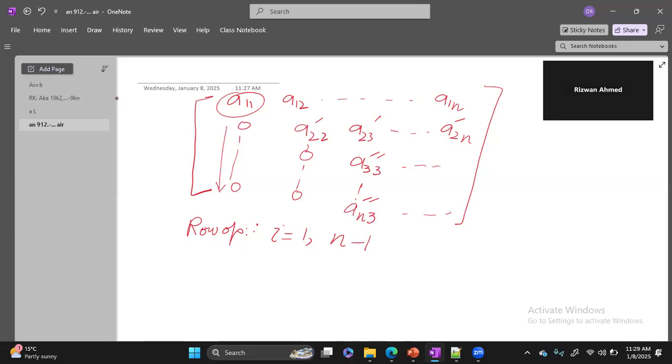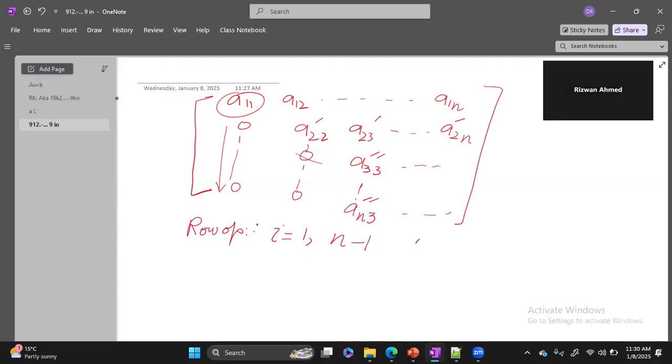In the first entry, to bring zeros, you have to apply row operation on n-1 rows. Next time, n-2 rows. Next time, n-3 rows. So every time the number of row operations is reduced, right? Okay.